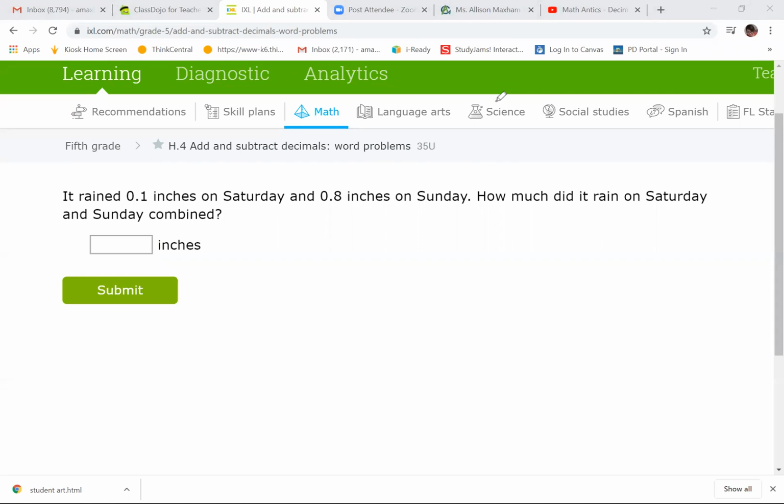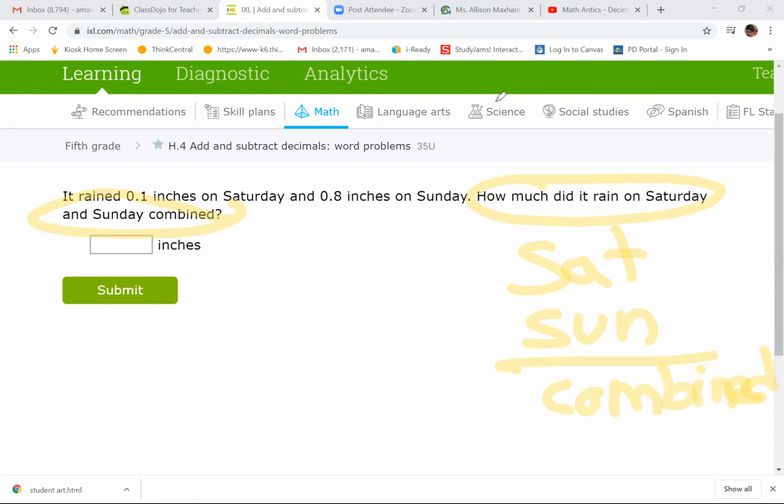What they're trying to get us to answer is this question right here. How much did it rain on Saturday and Sunday combined? So this is Saturday, this is Sunday, and they want it to be combined. So when we combine things, we put them together, we squish them together, we add them together.